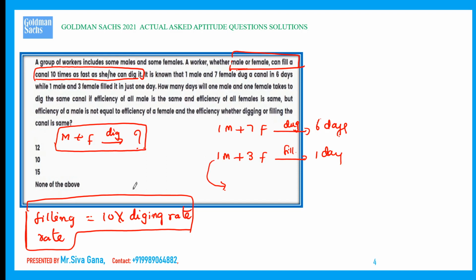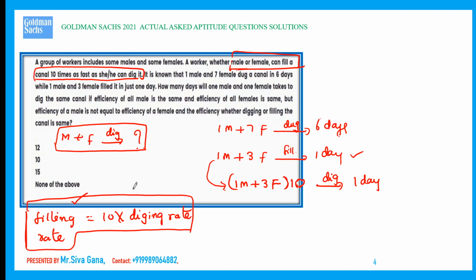So I am changing this in terms of digging. One male and 3 female can fill in 1 day. If it is digging, this group should be multiplied by 10, which means 10 male and 30 female can dig a canal in 1 day, because the filling rate is 10 times the digging rate.